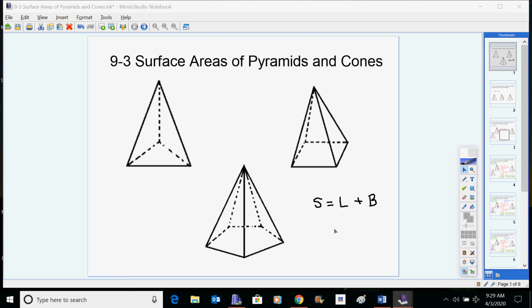This L, lateral surface area, is all of the triangles that go around and make up the sides of your pyramid. So it's all of the sides that are not the base. In this case, the base is an equilateral triangle, and then the sides are these other triangles.